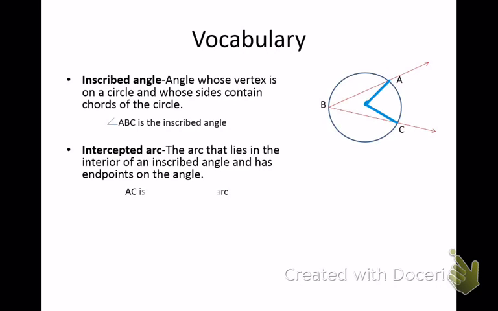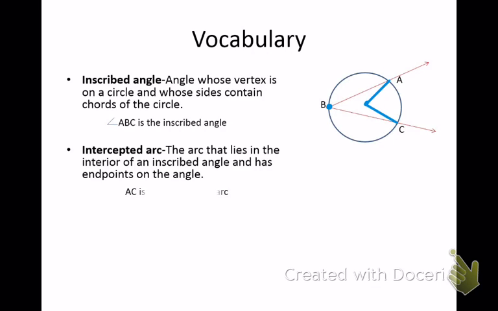So that's a central angle. Inscribed angles have their vertex on the circle, and their sides are chords. So BA and BC are chords because their endpoints are on the circle. So that's your difference. So angle ABC is an inscribed angle.